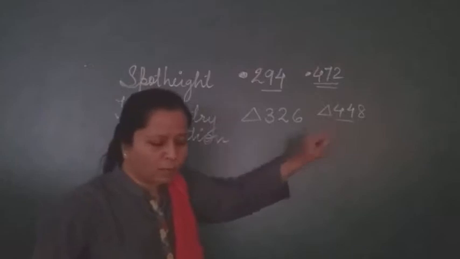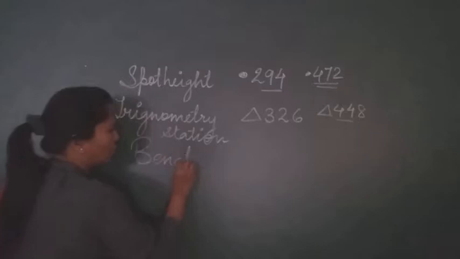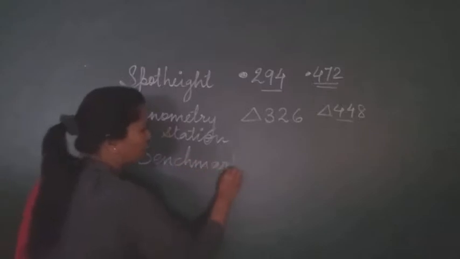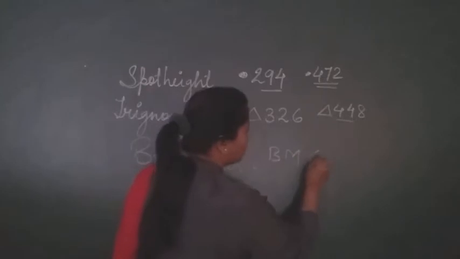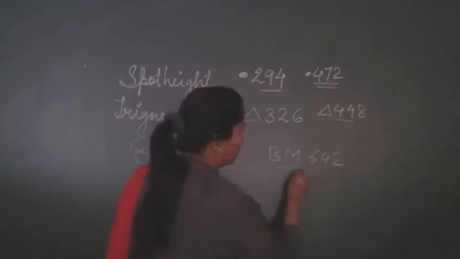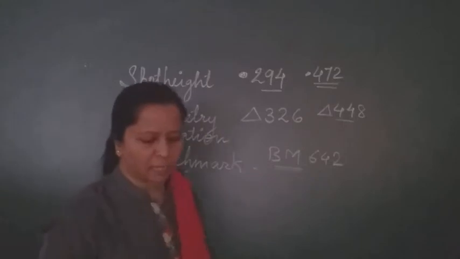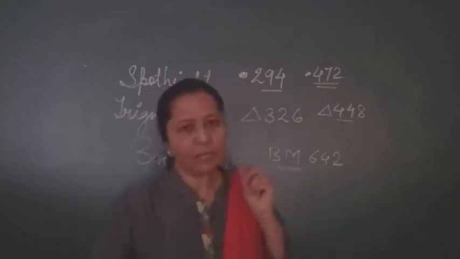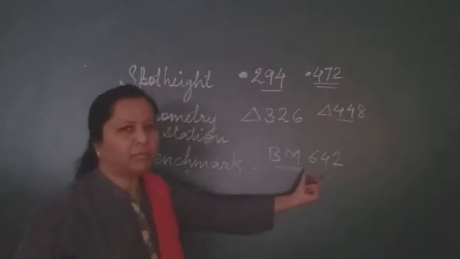Now come to the third one. You will also find this type of number on your topo sheet, for example BM 642. So what does BM mean? BM means benchmark. What is a benchmark? It means that a mark is cut on a particular building or a tree and then a number is written.